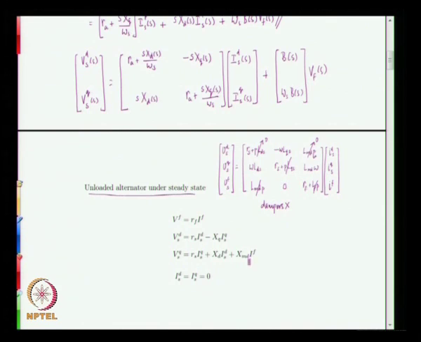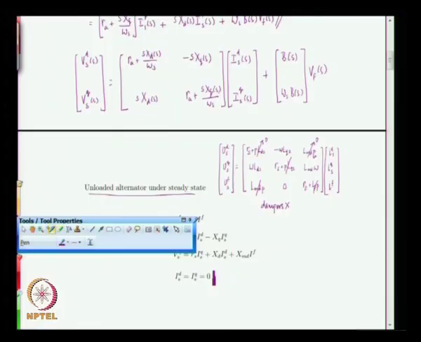Now, we are considering an unloaded alternator, that means that Id and Iq must be 0 because there is no loading, and if Id and Iq are 0, one can see what happens to these expressions.